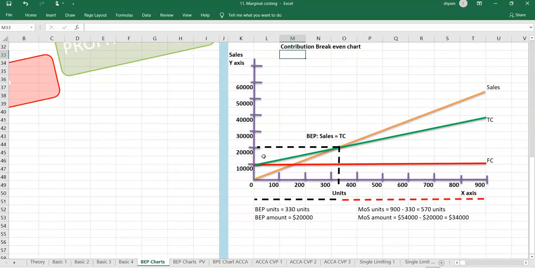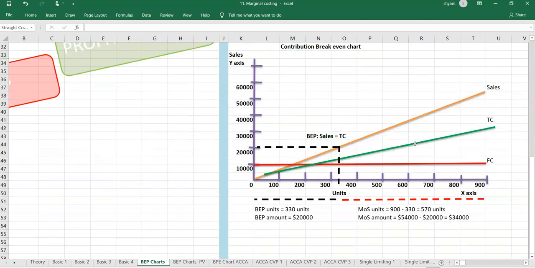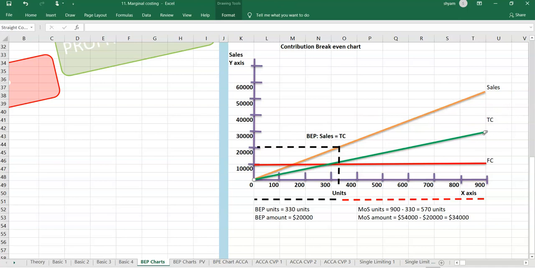So we don't need to show the total cost line here. 27,000 should be around here. So we'll remove this and we'll have a variable cost. You can have a fixed cost line, that won't be a problem, but this chart will not show BEP.